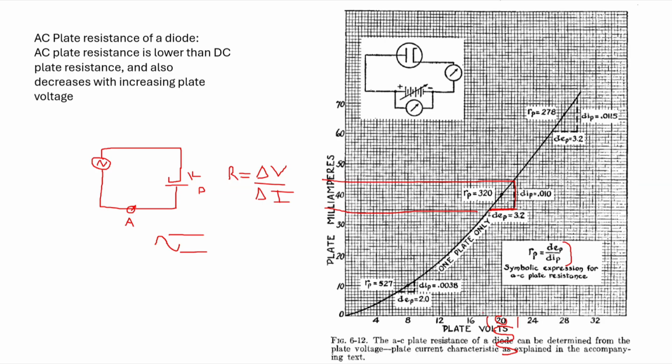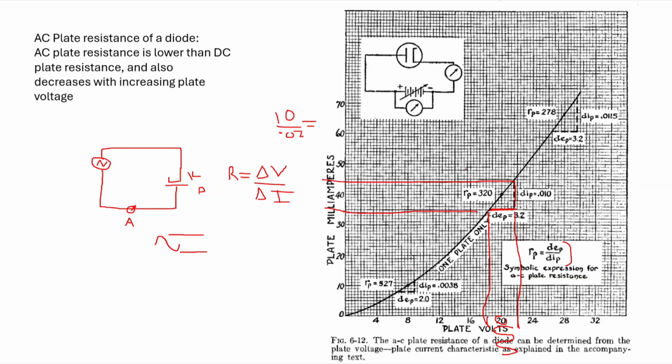So we find out these changes that we're swinging. Real simple. You can pluck them off the chart. So, for example, if a change in 10 volts equals a change in 20 milliamps, let's say, that would be a change in 10 volts equals a change in 0.02. That would give us our plate resistance.